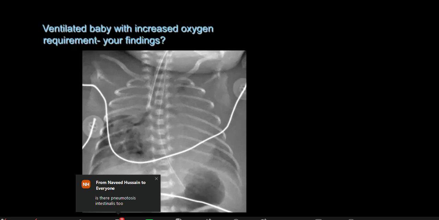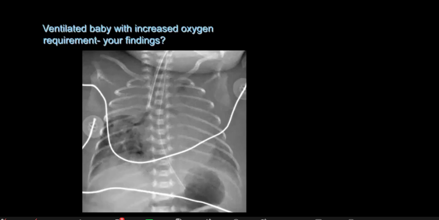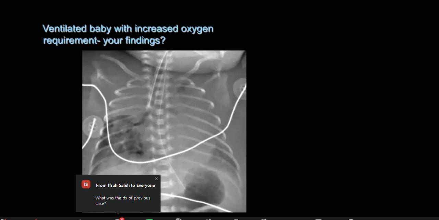There's diffuse ground glass opacification of the left lung with some areas of lucency in the lower zones in the peripheral aspect. In the right upper zone, again, there's diffuse homogeneous increased opacification. In the right lower zone, I can see areas of lucency with some patchy areas of increased density.